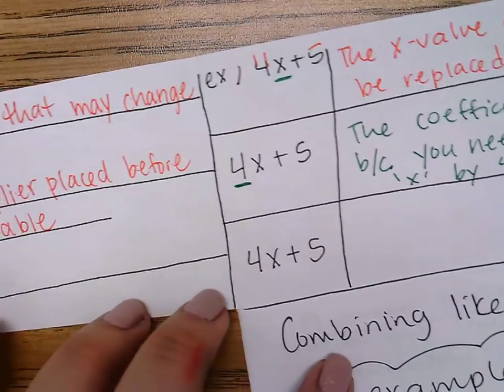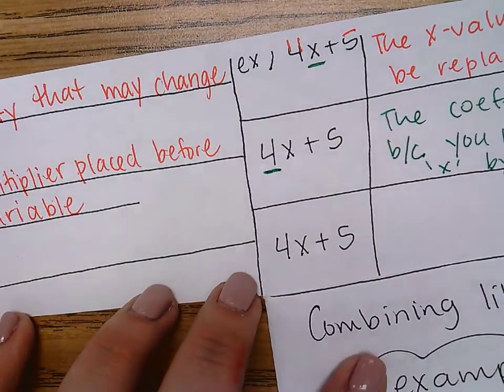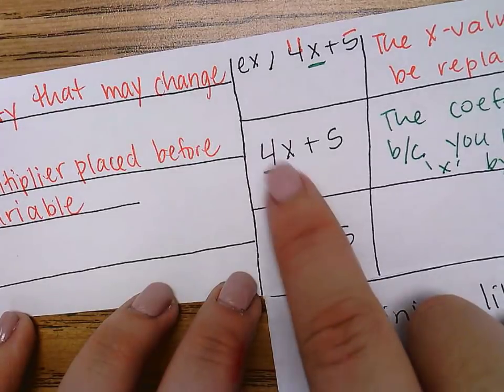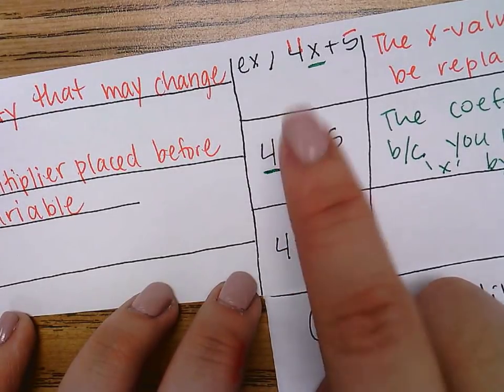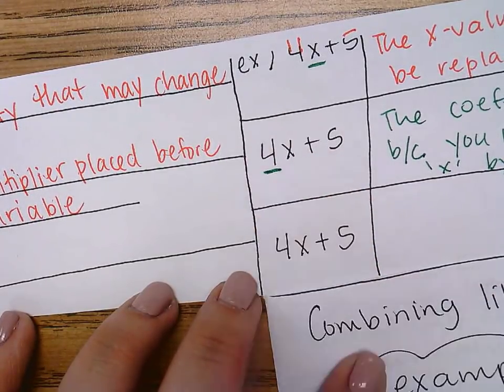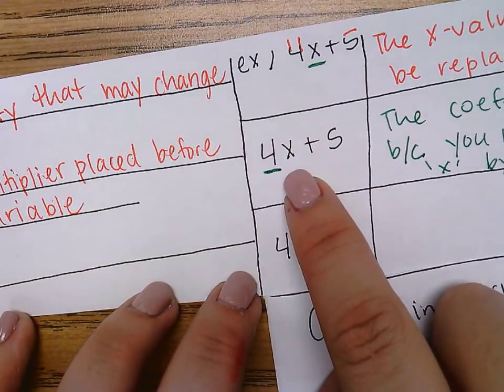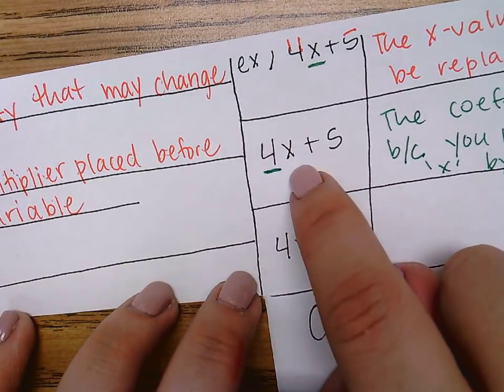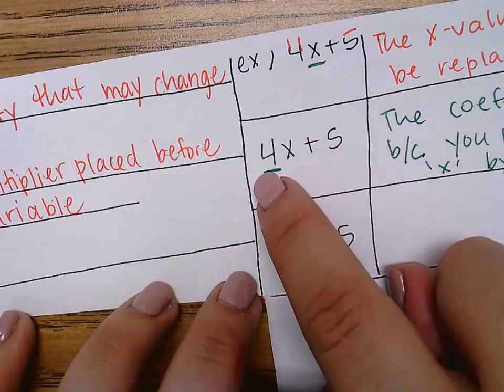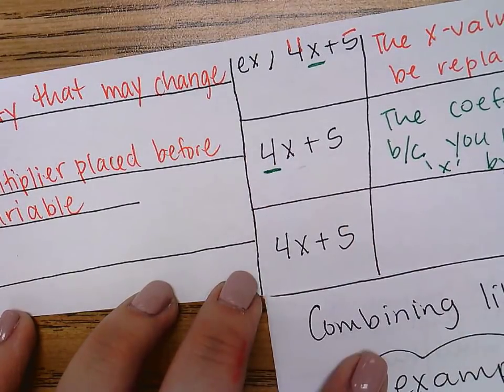So not only is your 4 before the variable, but it also means that whatever you plug into your variable, you're going to multiply that by 4. So if I told you x equals 3, then you would plug in 3 to the x, and then you would do 3 times 4. Your coefficient is just your multiplier.